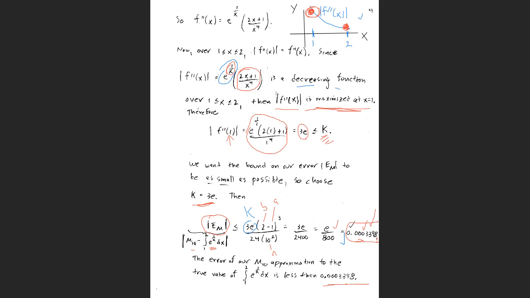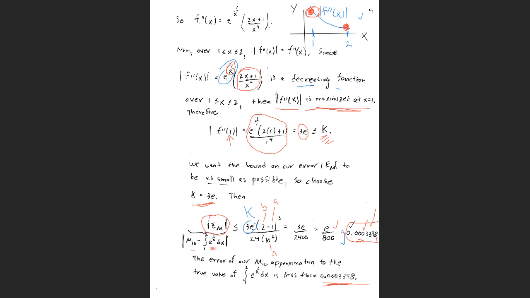So the question is, are you happy with that? Is that good enough for your application? If you're doing a calculation dealing with astronomy, that might be too big a possible error.